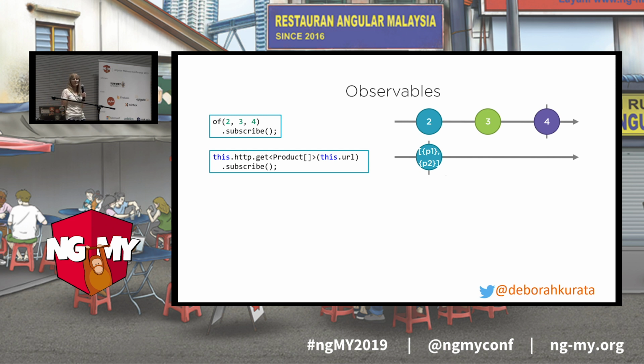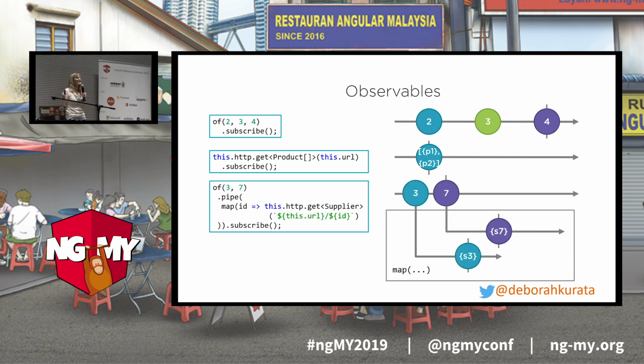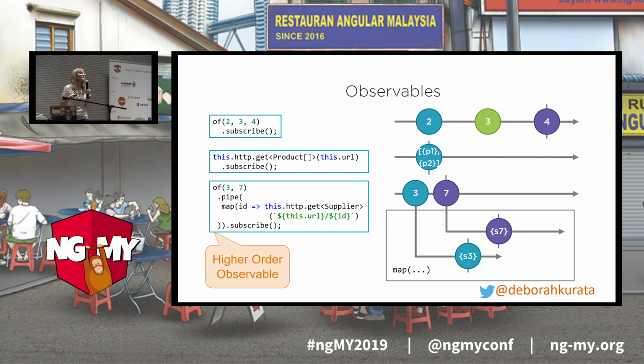You get to higher order observables when you start to try to do something like this. Here I've got an of 3 and 7. You can think of those as 2 IDs for my suppliers, and I'm piping them through and trying to map each of those IDs into another observable. And that is a higher order observable.